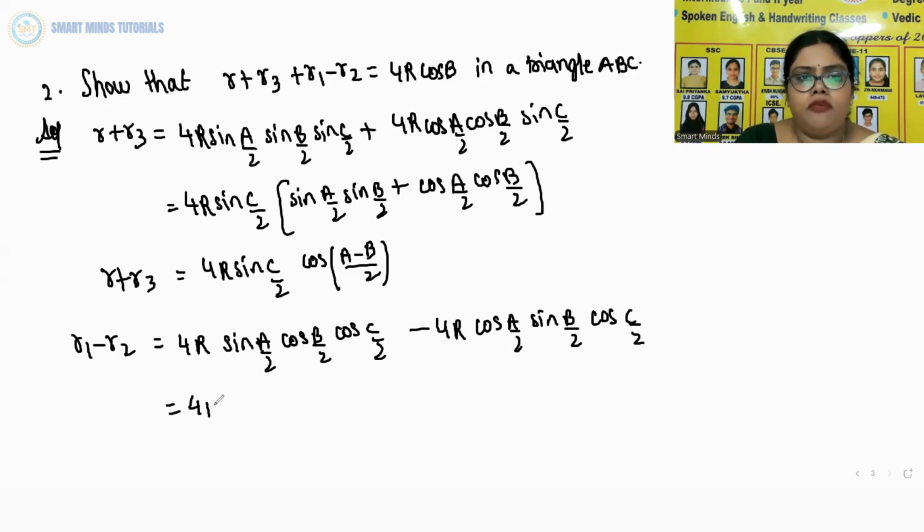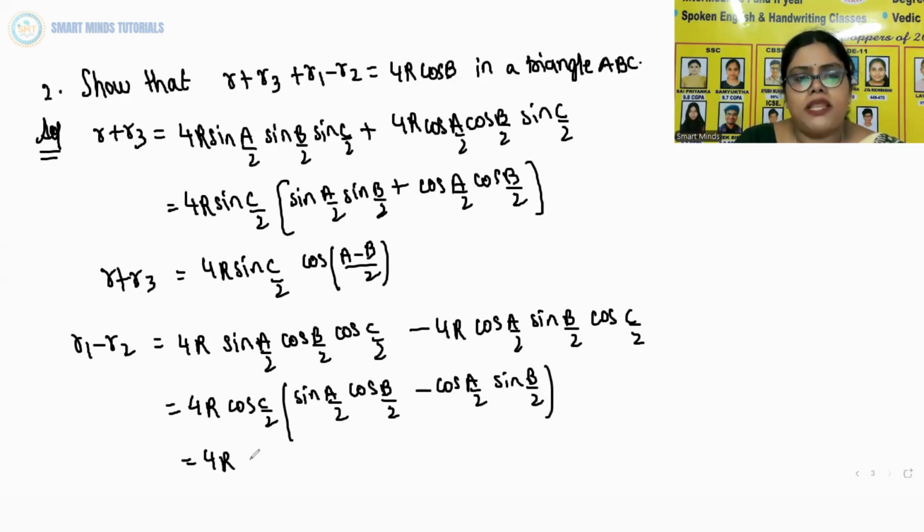And if you take 4R cos C/2 common, we will get sin A/2 cos B/2 minus cos A/2 sin B/2. Now the bracket is in the form sin A cos B minus cos A sin B. What is the formula for sin A cos B minus cos A sin B? It is sin(A minus B). So we can write this as sin((A minus B)/2).